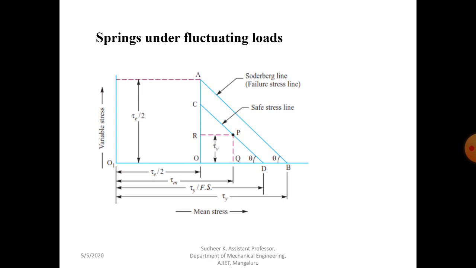But a helical compression spring is always subjected to purely compressive forces, because most compression springs are used in design applications. If you use a helical extension spring, that is a tension spring, then it will be subjected to purely tensile forces.